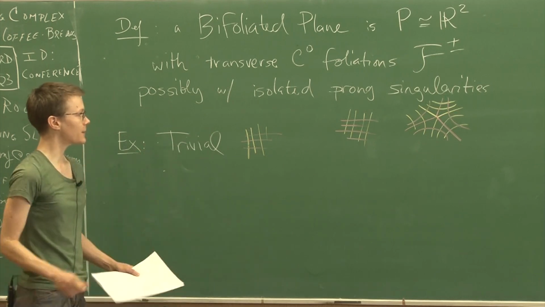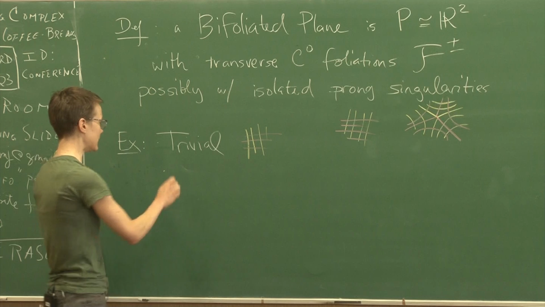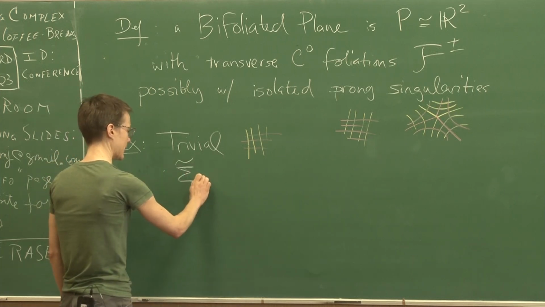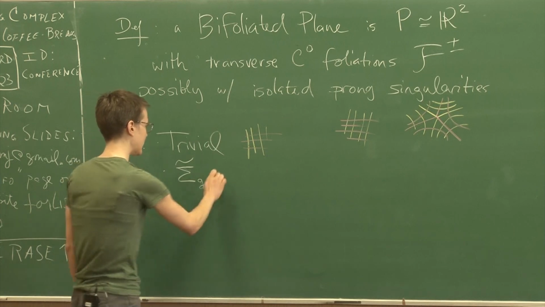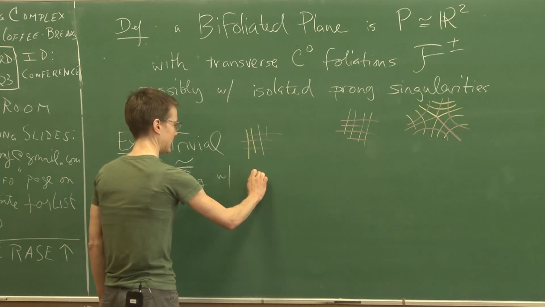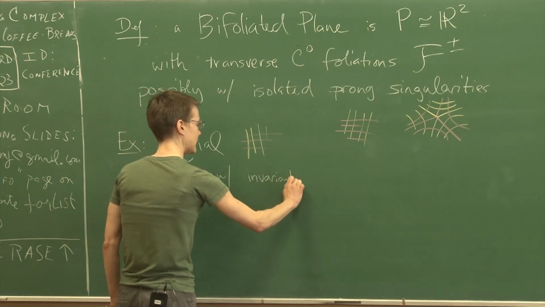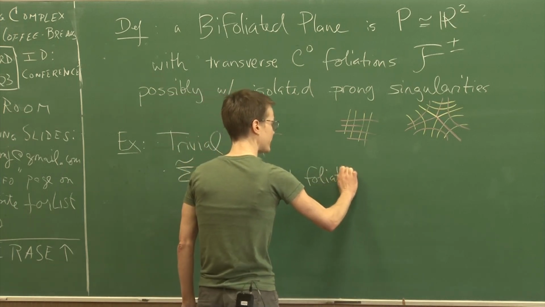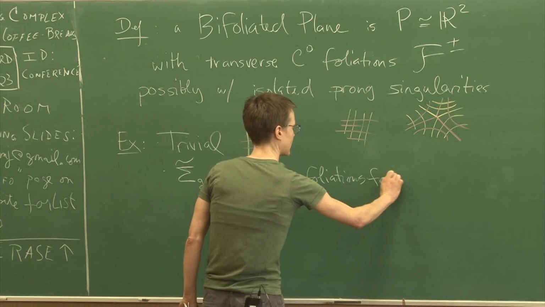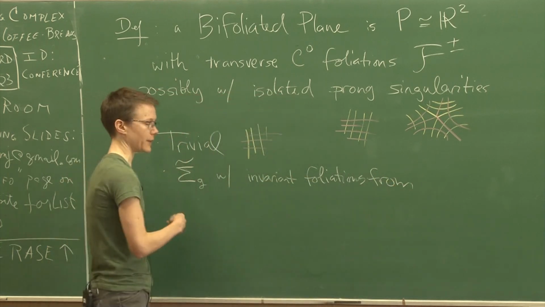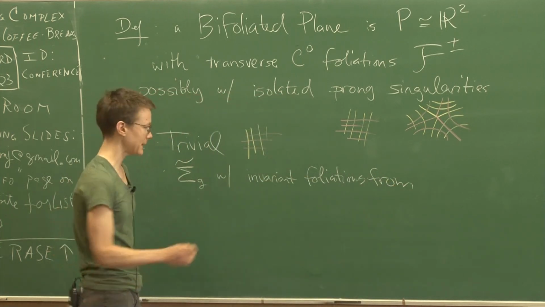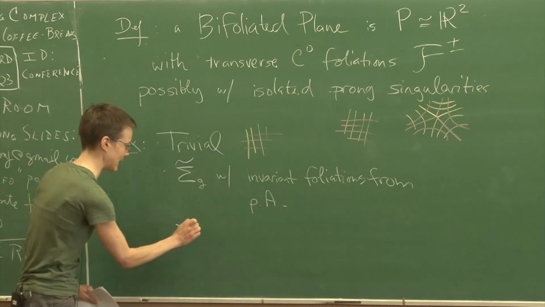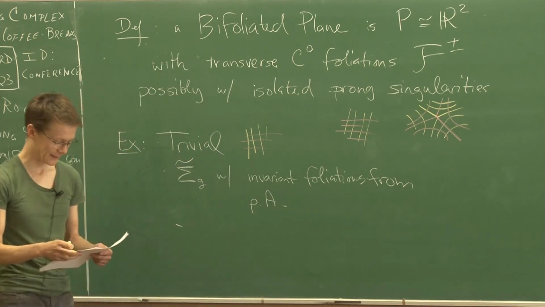This prong allows you to consider the universal cover of a hyperbolic surface with the invariant singular foliations from a pseudo-Anosov, or the nicest Nielsen-Thurston representative of a pseudo-Anosov mapping class. If you don't know what that means, that's fine.